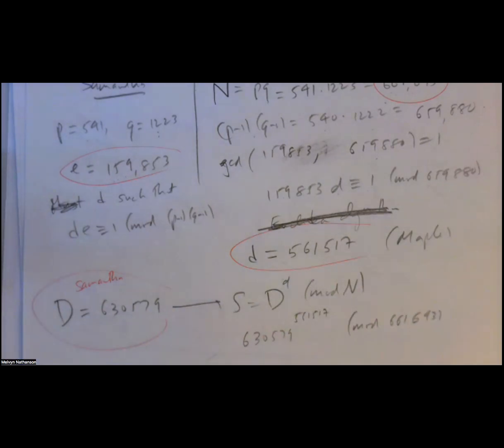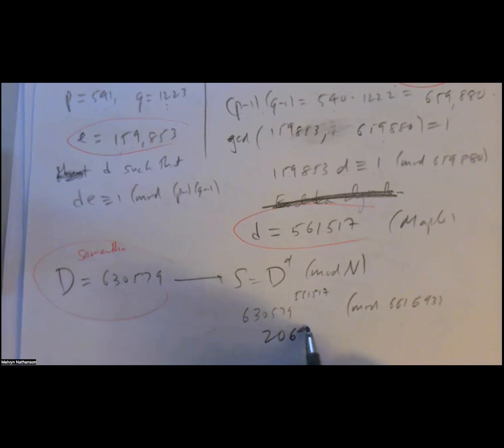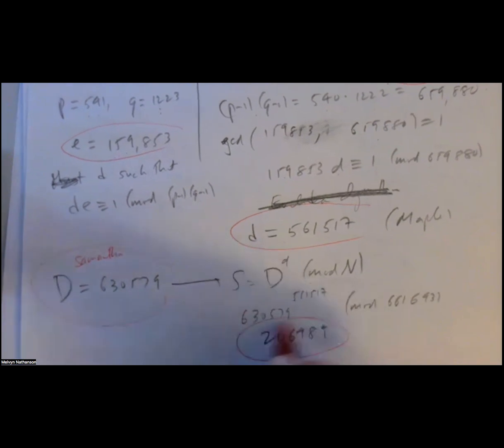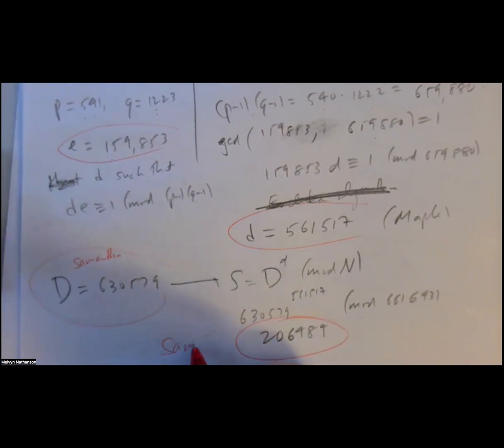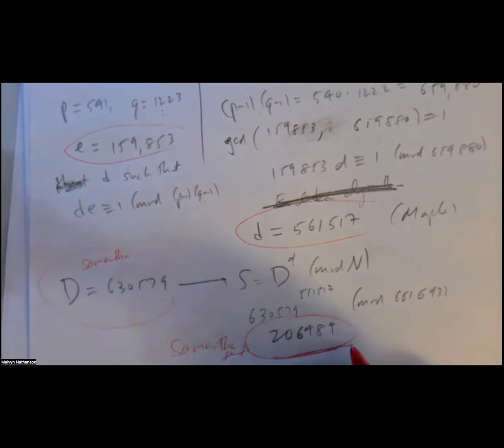And I get that this number is 206,484. So this is the number that Samantha sends. She sends this number.